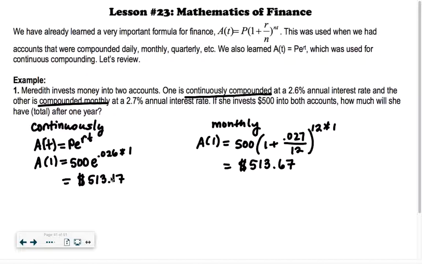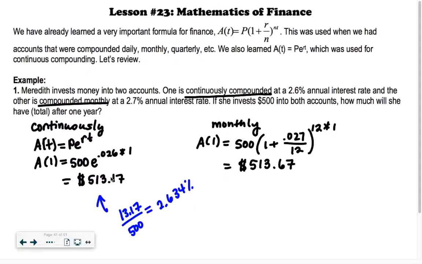So I took that amount of change for this first one, the $13.17, and divided by my original, and I got a 2.634% change.